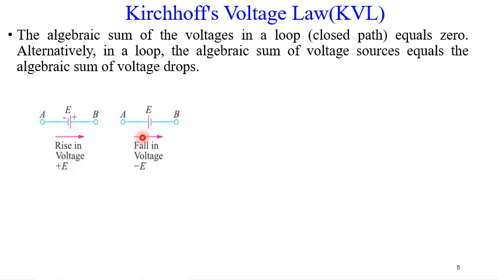Then in this circuit too, when we move from a higher potential to a lower potential, we call it a fall in voltage. Knowing these things will go a long way to save you, especially if you want to use the first definition, the algebraic sum of voltages in a closed loop equals 0.